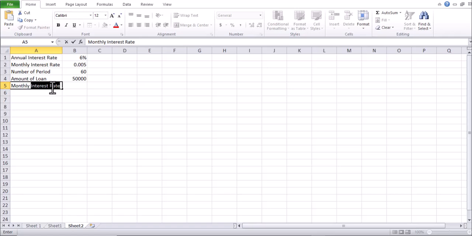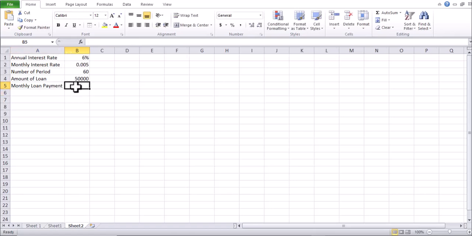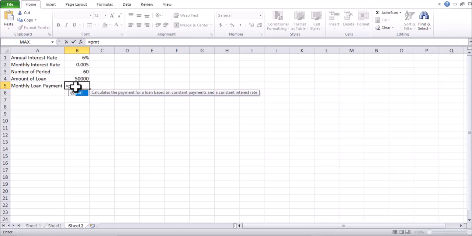Monthly loan payment. Okay. Now your monthly payment is equal, really easy and simple, to PMT, and I open parenthesis. Over here, you're going to see rate, number of periods, and PV.